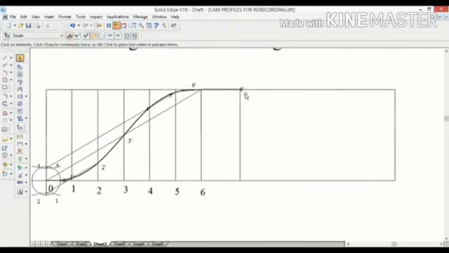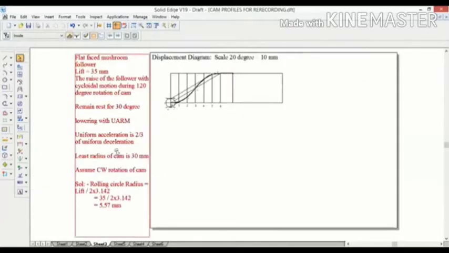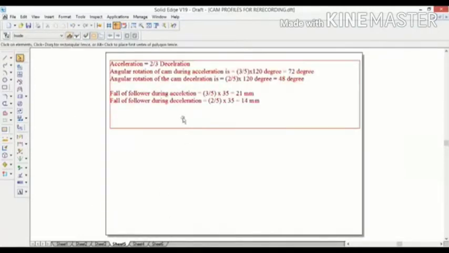The nature of motion is uniform acceleration and retardation in the return stroke, but uniform acceleration is 2/3 of uniform deceleration. So here we need to find out what is the part of acceleration and how much is the part for retardation. So we need to do a calculation. Acceleration is equal to 2/3 times deceleration, as given in the problem.